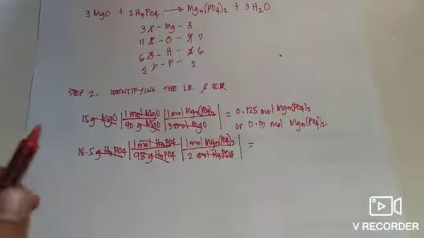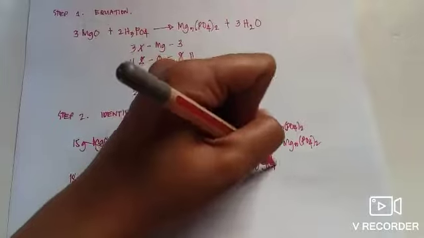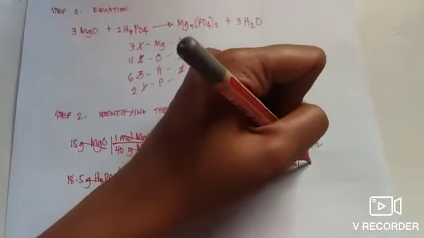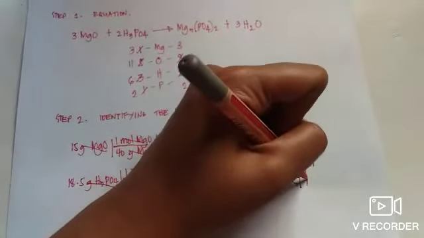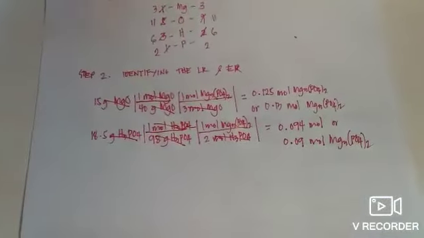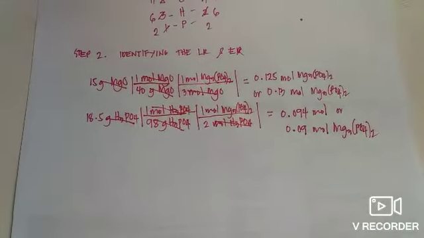Then solve. We'll obtain the answer of 0.094 mole, or 0.09 mole of Mg3(PO4)2. Now, we are going to identify which is the limiting and the excess reactant.